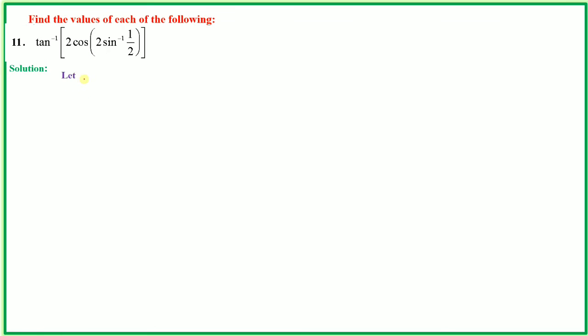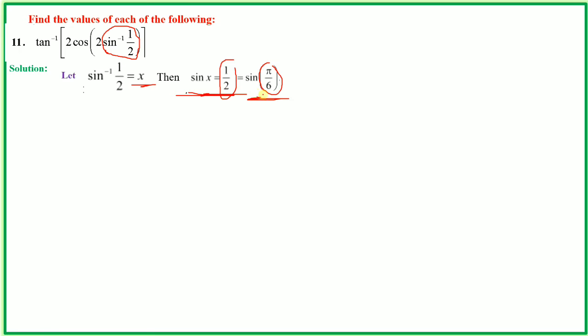Let sin inverse 1 by 2 be equal to x. This implies sin x is equal to 1 by 2. Sin x is 1 by 2 when it is sin 30 degrees, which is sin pi by 6.